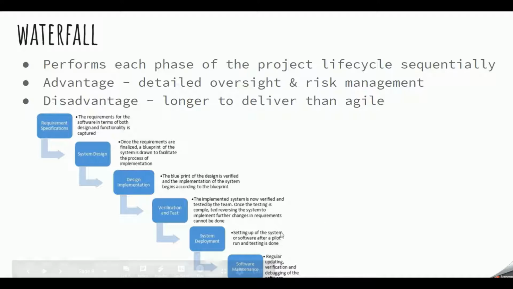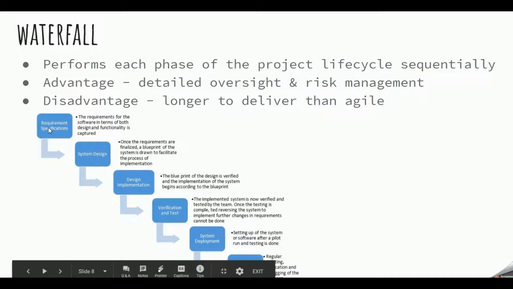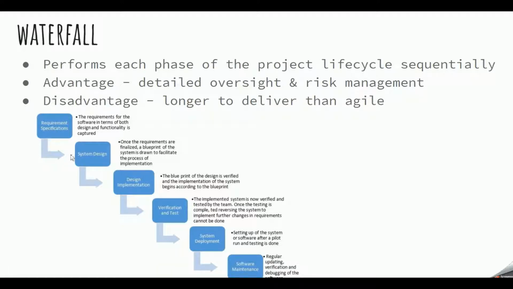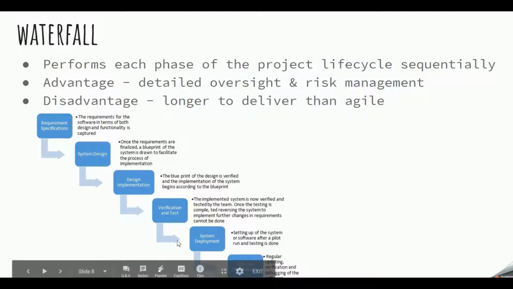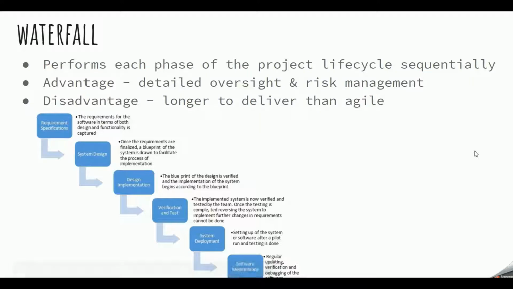So in order to get to system design, you first have to do requirement specification. After the requirement specification, you move on to the system design, and then from there you go into implementation. It's a step-by-step approach where you have to follow a certain rule in order to get from point A to B to C to D to E.